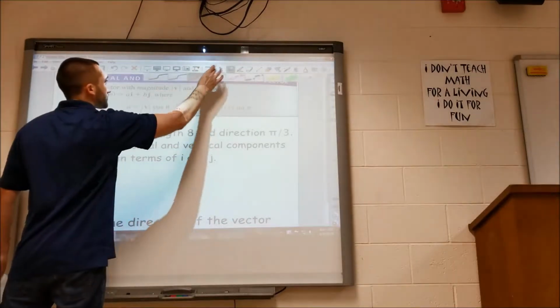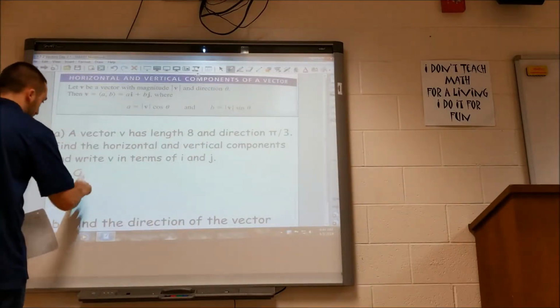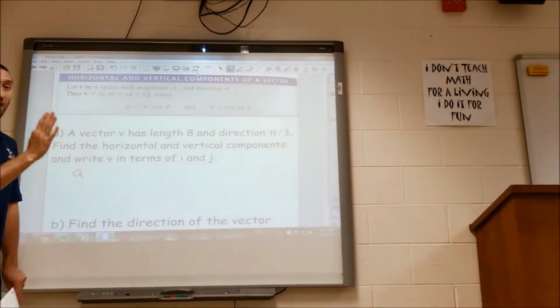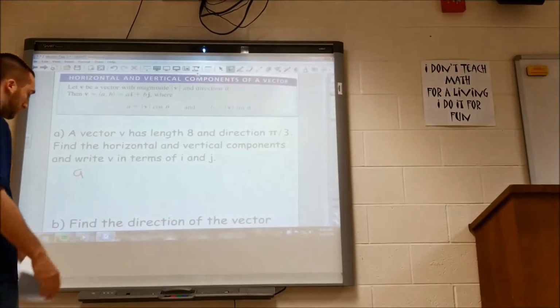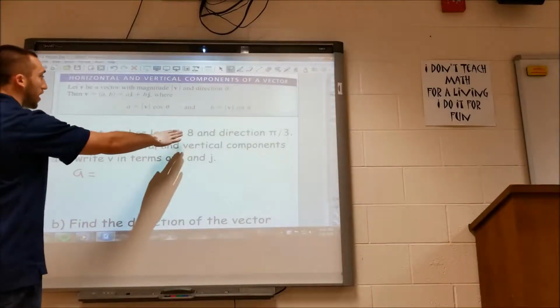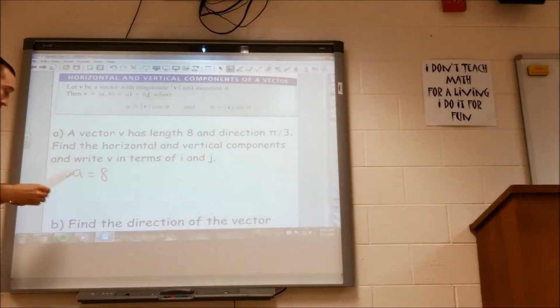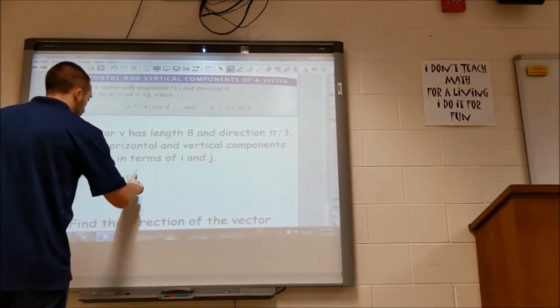So, again, our A, okay, remember, just think of A as your X component, right? It's the horizontal component. A is equal to the magnitude of V, okay? They're telling us it's length 8, so that's the magnitude. Cosine, pi over 3.